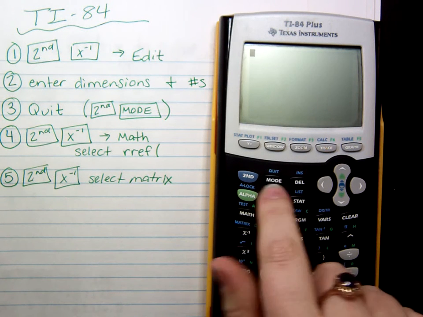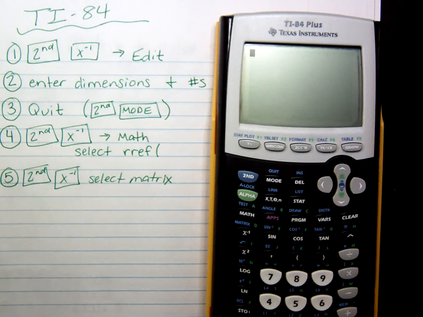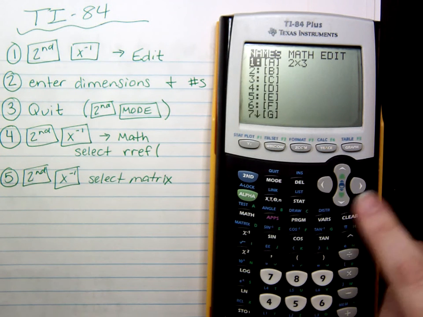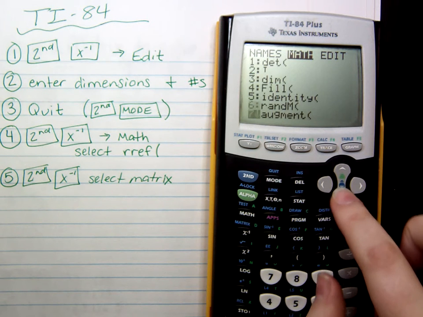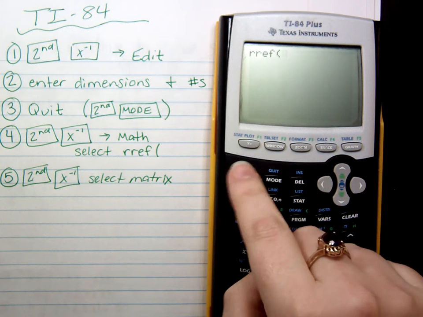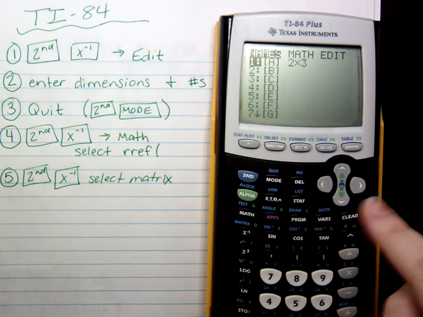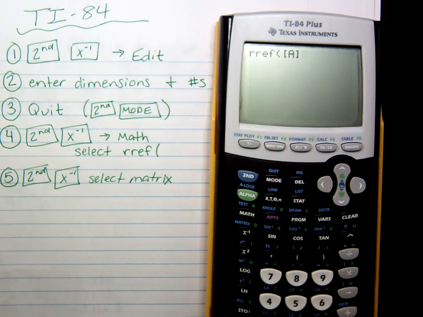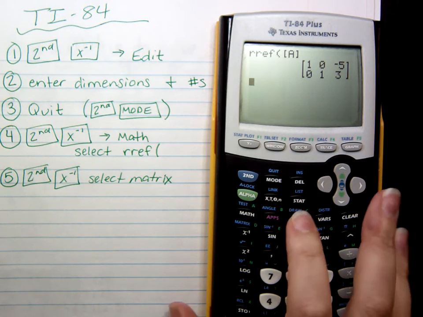You do that by second mode. Right above that it says the word quit. Then you go back into the matrix menu, go over to math, and you scroll down till it says RREF, which stands for Reduced Row Echelon Form, which basically is going to do the work for us. Go back into the matrix menu and select the matrix you're doing this to. Hit enter again, and we get our solution.